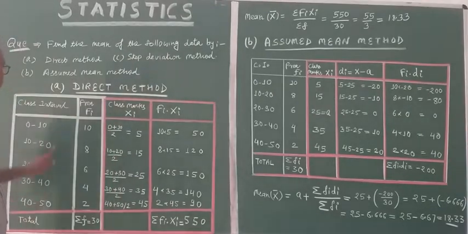First thing, this was the given class interval column, and this column of frequency was given.